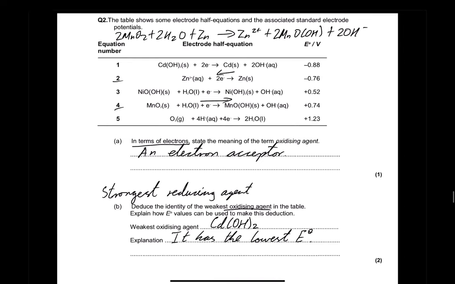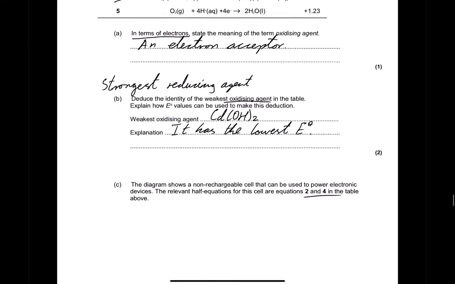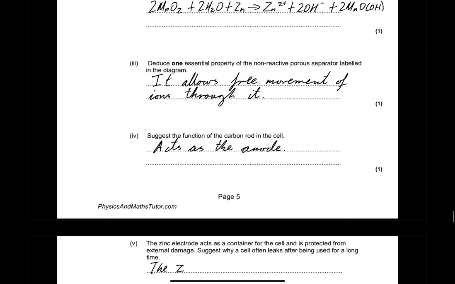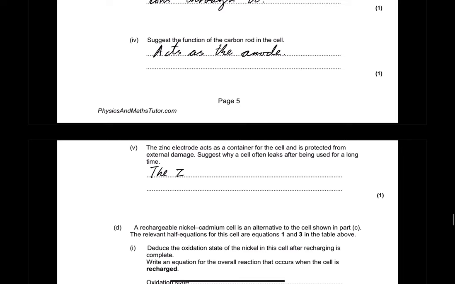Sorry, it's being oxidized. My bad. The zinc's being oxidized here, so it'll get used up over time. So the zinc gets used up over time as it gets oxidized, forming spaces for leaks.